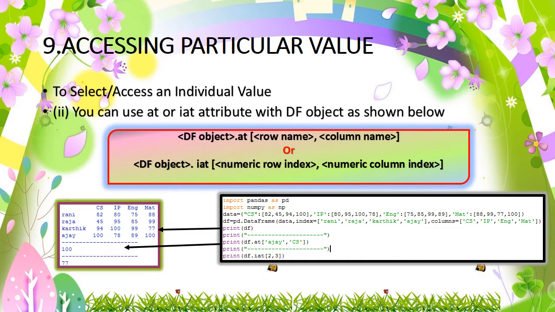So Ajay's CS mark is accessed. Next, iat index at 2 comma 3. So the starting position 2 is Karthik, and the ending position 3, the third position, is max. So Karthik's max mark is accessed. So that's 77.